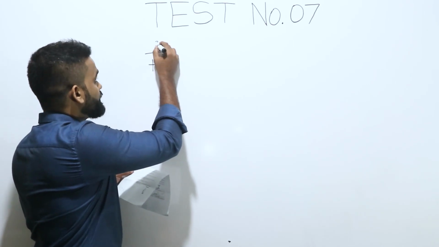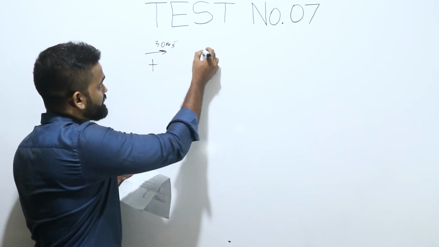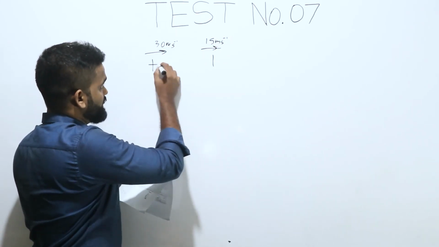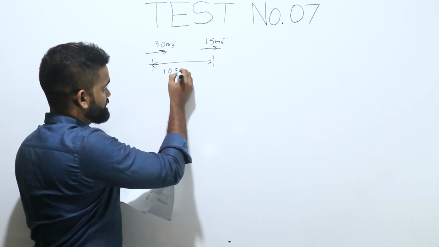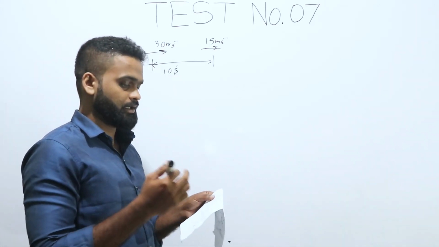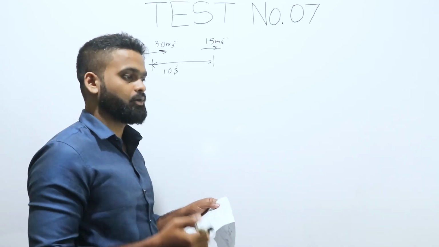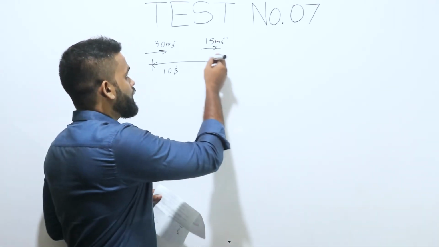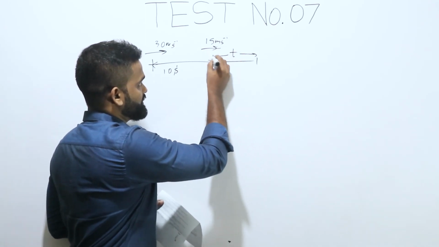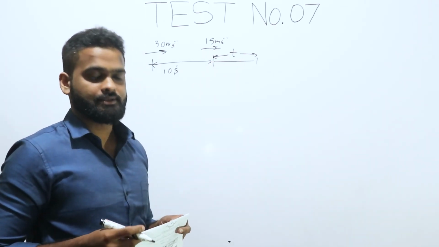Initially it has a speed of 30 meters per second, then it decreases its speed to 15 meters per second, and the time taken for that is 10 seconds. So what they ask is, for the car to stop or halt, how much time does it require? Let's say that time is t.